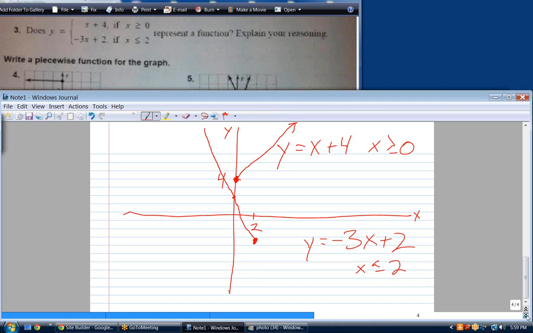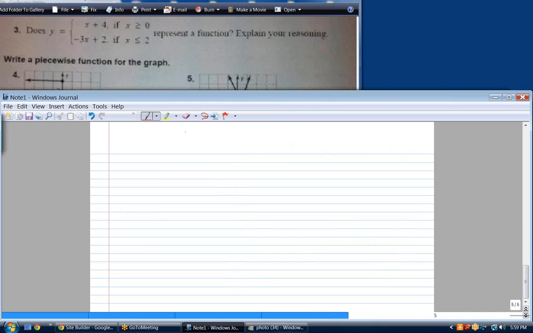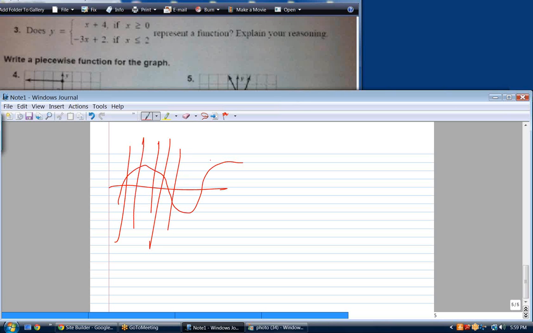Let's talk about functions and not functions. That's a function, because no matter where I draw my vertical line, I only have one value for y. Even if I draw it right there, I only have one value for y.